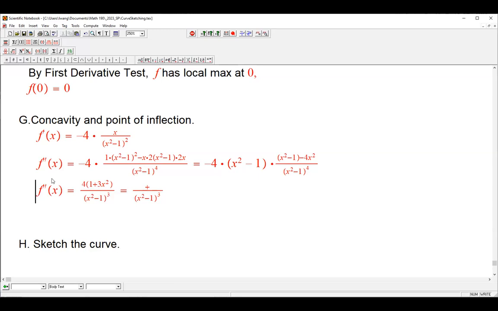Well, if we set the second order derivative equal to 0, we have no solution. So there's no inflection point. So the only thing is we have to observe the sign. The sign is determined, as we said, by x squared minus 1.